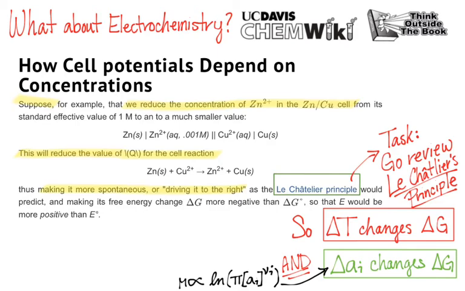And really what we're talking about is Le Chatelier's principle. So Le Chatelier's principle in the deeper thermodynamics sense is expressed right here by changes in activity causing a change in Gibbs free energy, which is really an electrochemical driver.